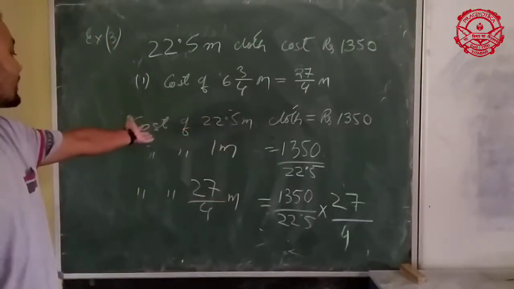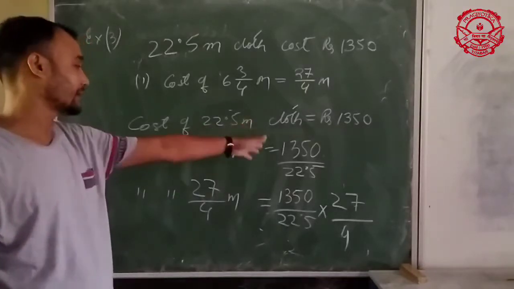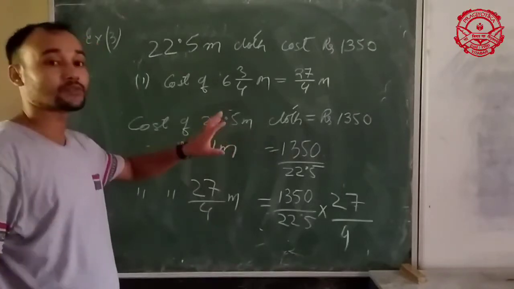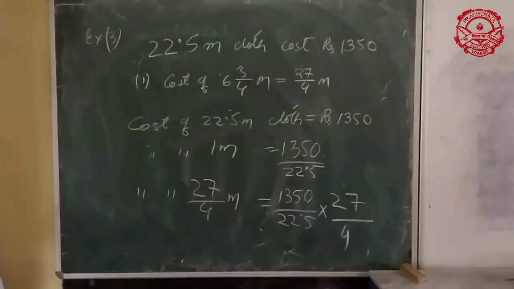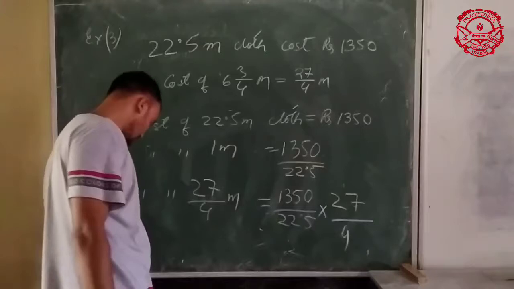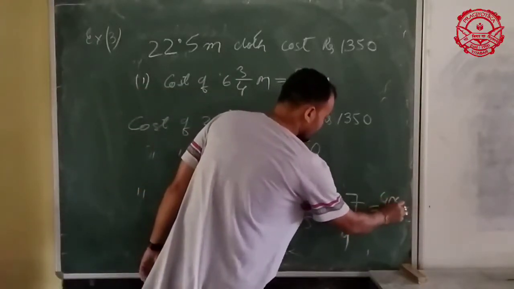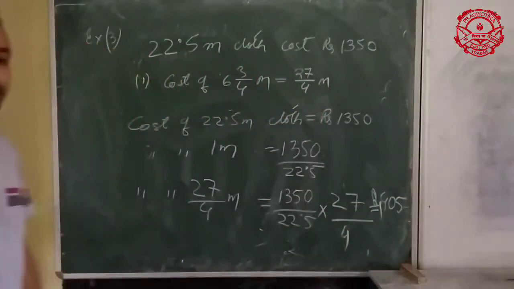First, while calculating the cost of unit quantity, at that time you will divide. And after getting the unit quantity, when you are asked to find any quantity, then you simply multiply with the unit quantity. And if you calculate this, you will have answer 405. Answer will be 405 rupees. I am not doing the calculation, you can do it by yourself. Okay, the answer is 405.